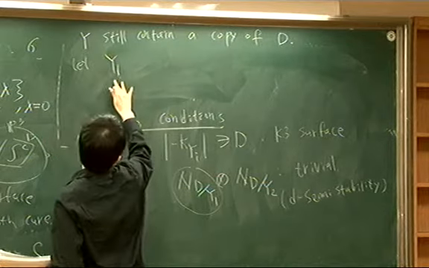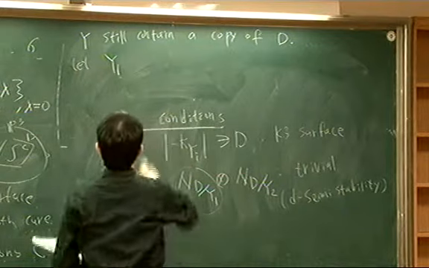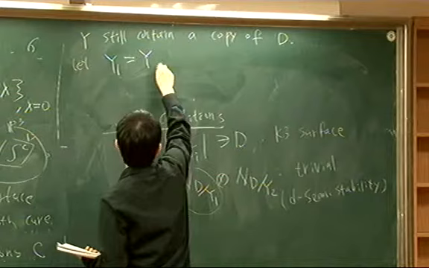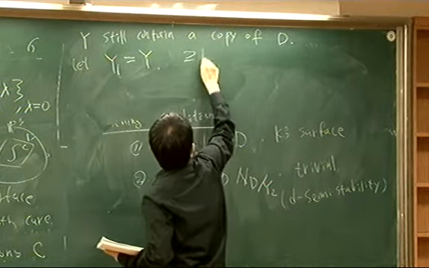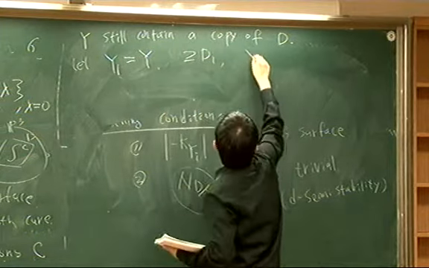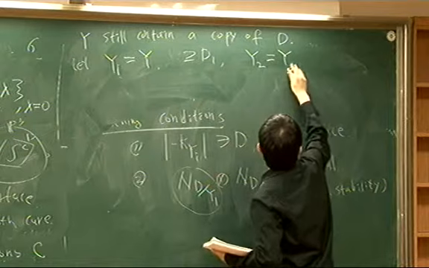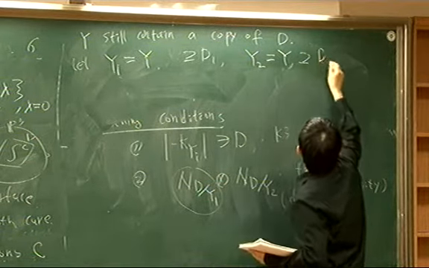Now we need threefolds Y1 and Y2. The first, Y1, is just Y, and it contains D, let's call it D1. The second one is also just Y, and it also contains a copy of D, so we call it D2.